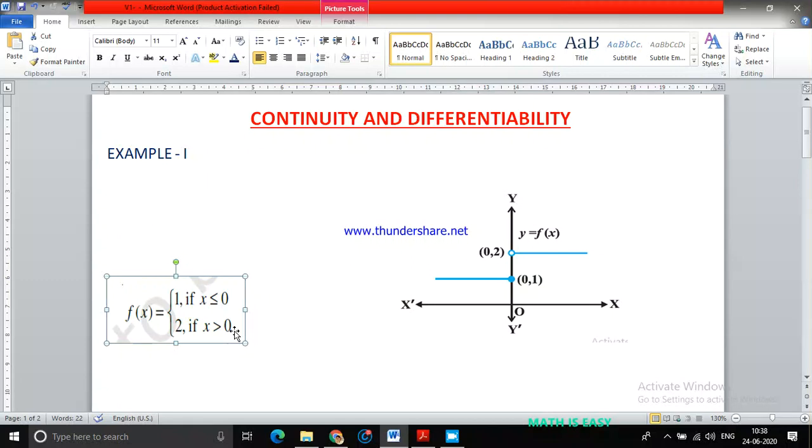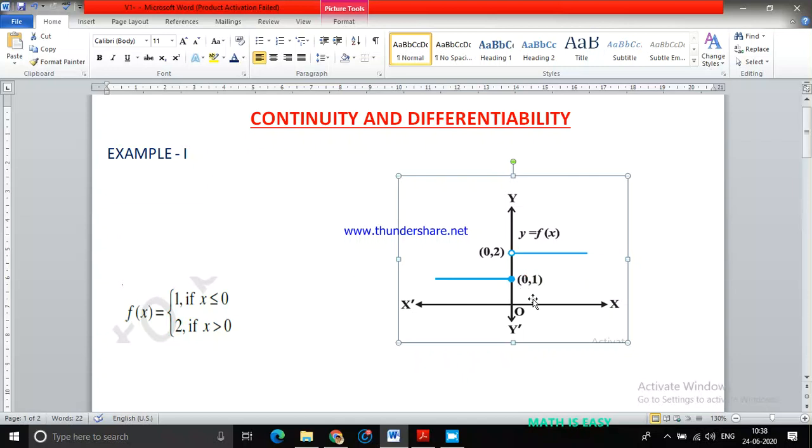So if I represent the graph of this function, this one is the graph. From minus infinity till 0, the y value will remain 1 only. Once x crosses 0, that is x is greater than 0, any value you take from open interval 0 to plus infinity, the y value is going to be 2.